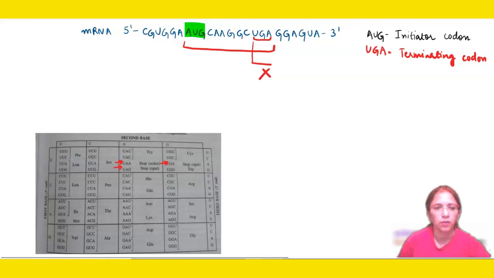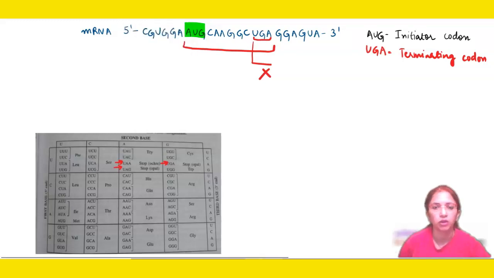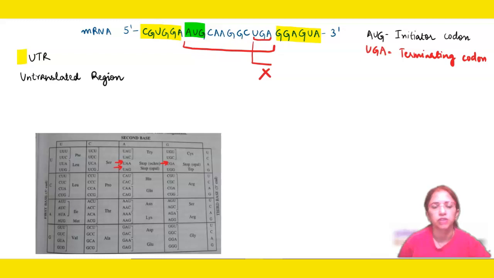Okay, now prior to AUG and beyond the terminating codon, meaning the region which I have colored with yellow, these are the regions which are known as UTR. UTR means these are the regions which will not be translated. So this is the untranslated region of the messenger RNA.